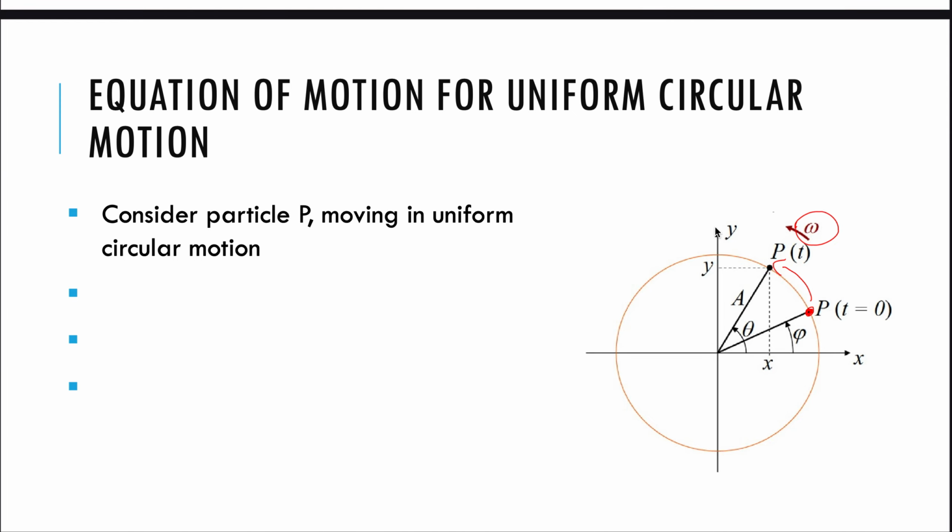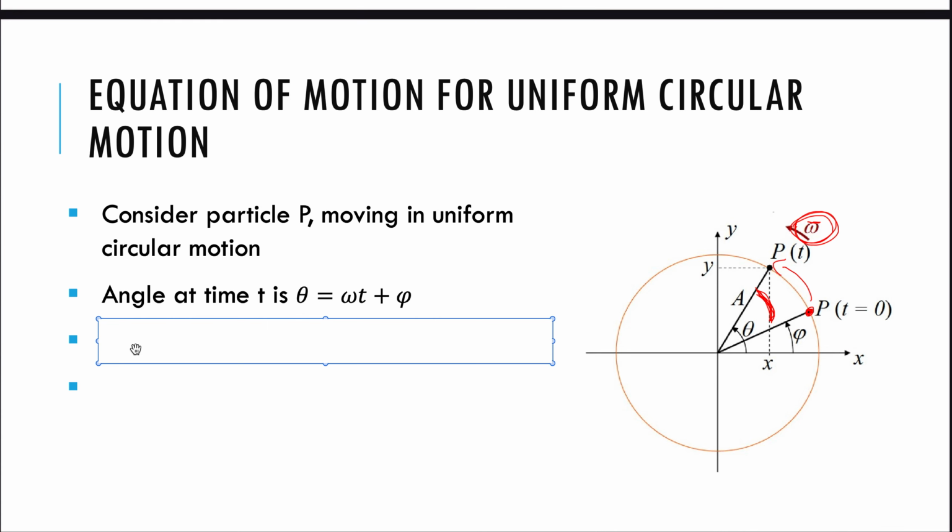So this is uniform circular motion. So at time t, the angle is omega t plus phi, right? Because it's phi plus this angle, and this angle depends on the speed and the time. Consider the average speed times time gives you this angle.